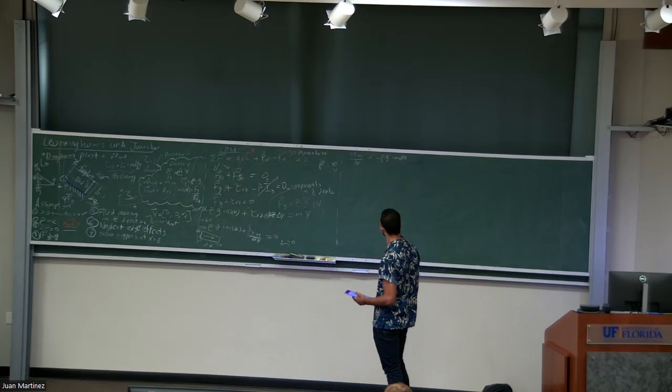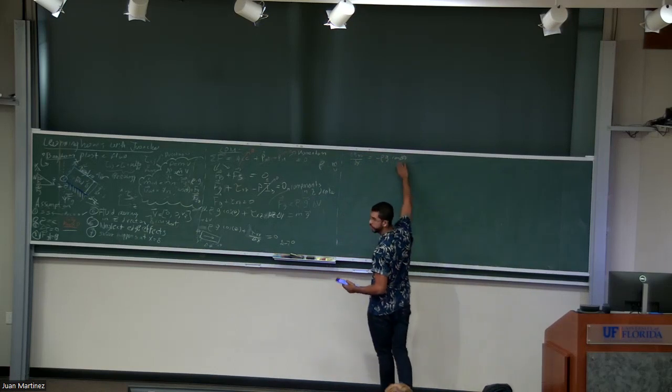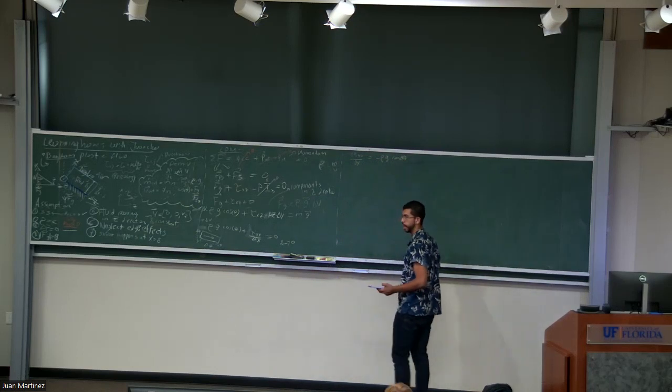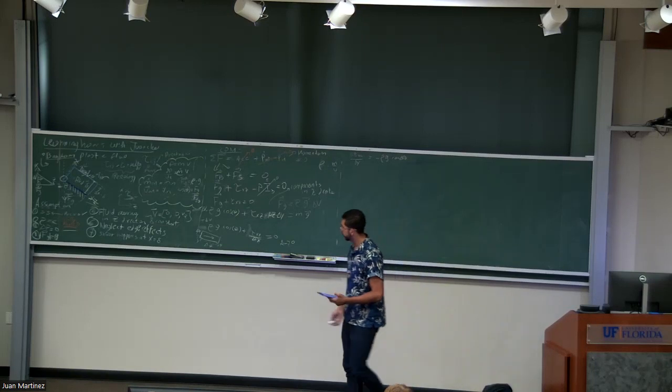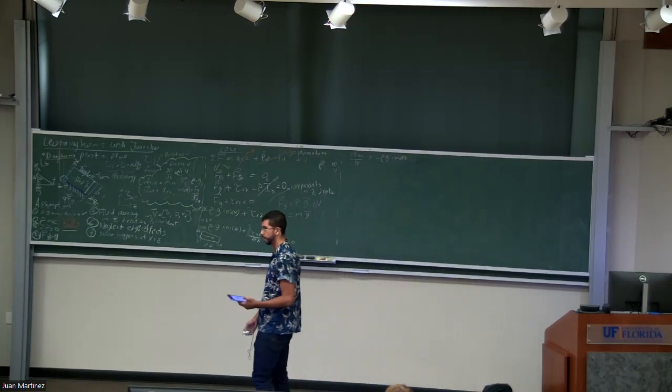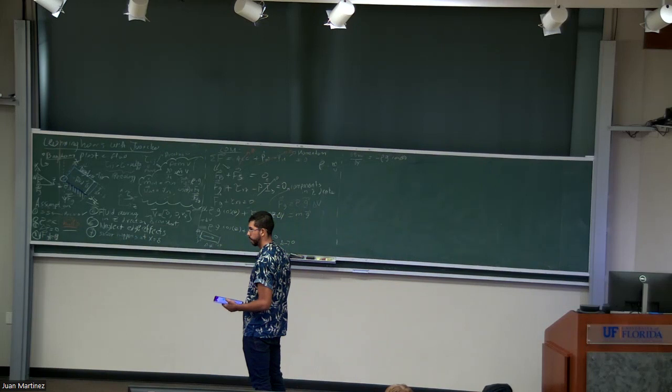Yeah, basically this cosine is taking care of that. But wouldn't you still have a component, like the negative rho G times the sine of theta for your X?